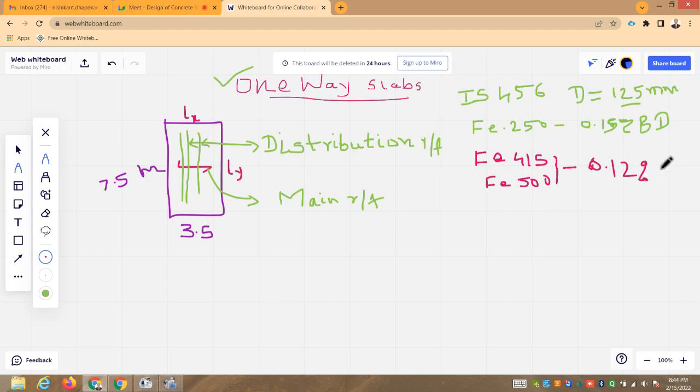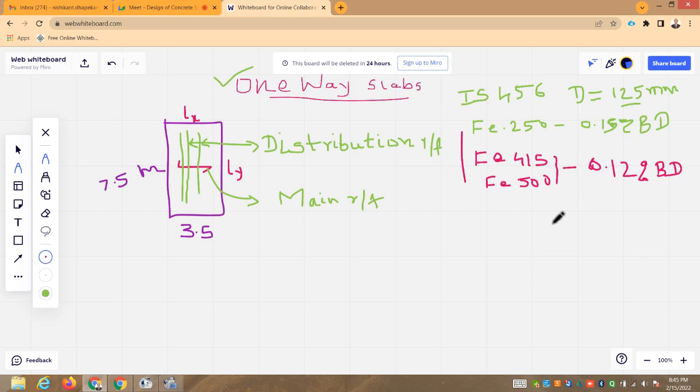Now we always have to follow these guidelines. So this is the guideline to provide the minimum steel reinforcement in a one-way slab.